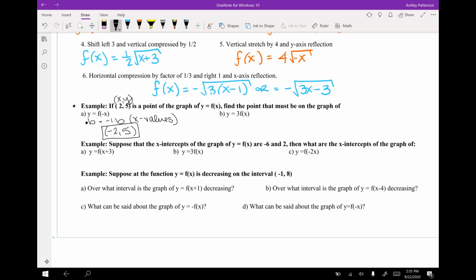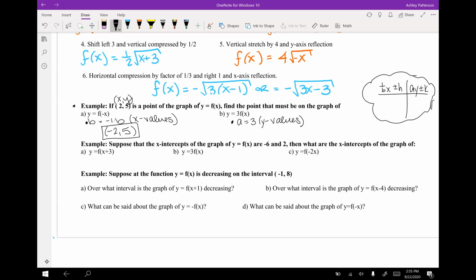Okay. What about b? 3 is on the outside. So that means that our a value is 3, which affects the y values. Nothing's going to happen to our x's. Again, 1 over b times x plus or minus h, a y plus or minus k. Okay? So if there's an a value, we multiply it to the y's.